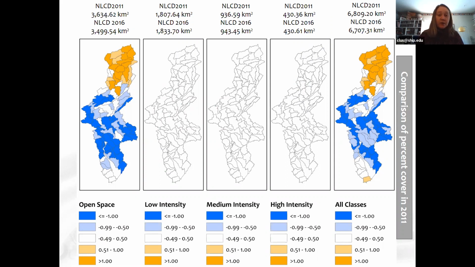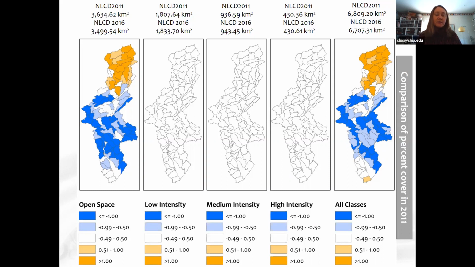In the northern part of the Delaware River Basin, the 2016 edition tends to estimate more developed open space than the 2011 edition. And the reverse is true in the southern part of the basin. This is probably because developed open space is spectrally similar to some other classes, like some of the agricultural classes.